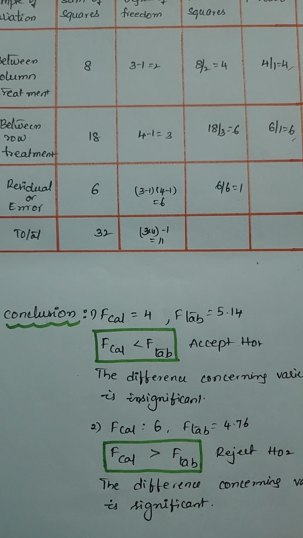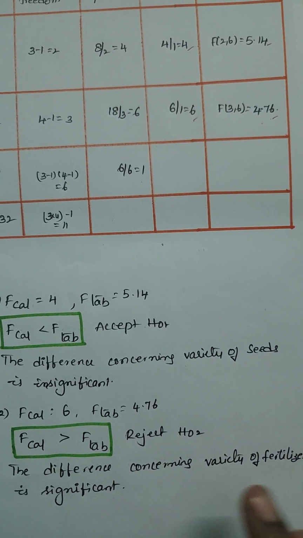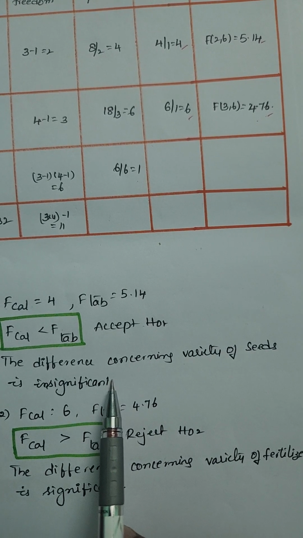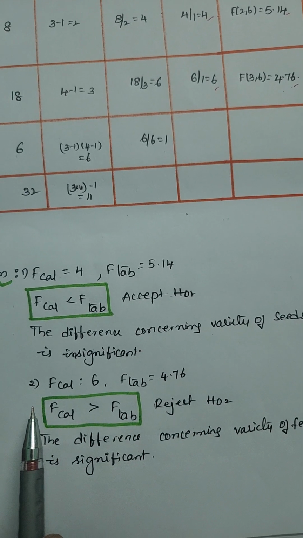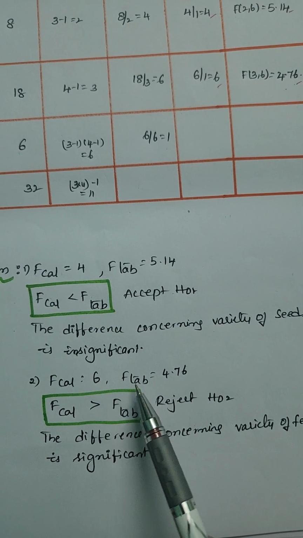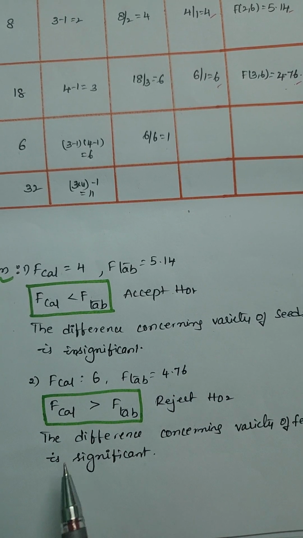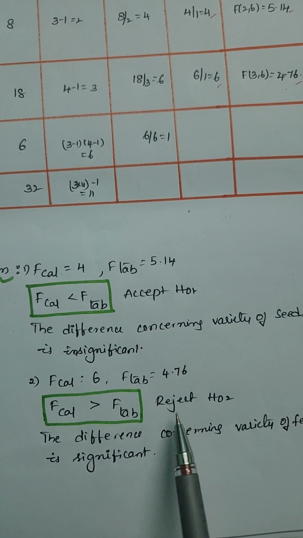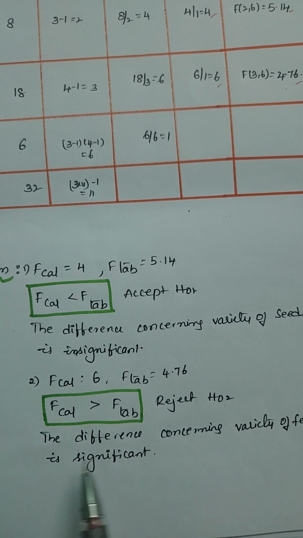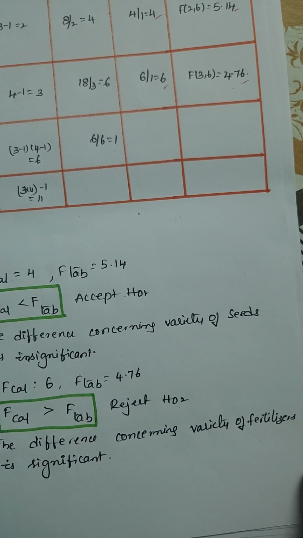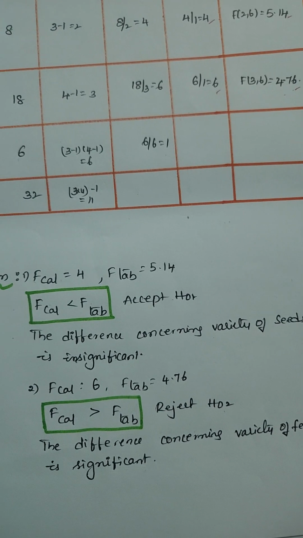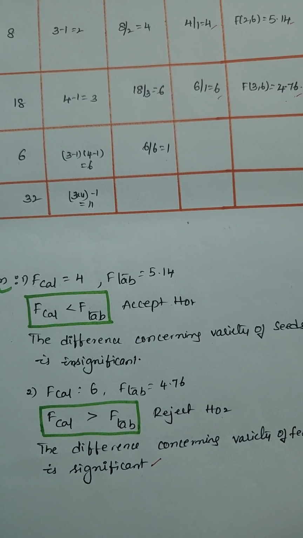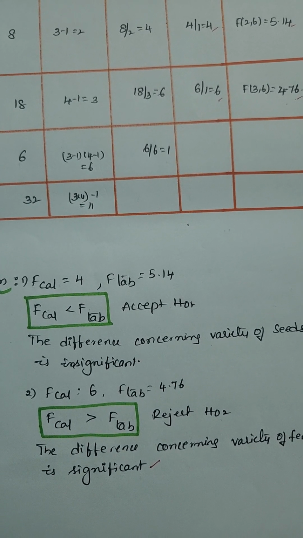That means the difference concerning the variety of seeds is not significant. In the second case, the F calculated value is 6 and the tabulated value is 4.76. The F calculated value is greater than the F tabulated value, so reject H02. That means the difference concerning the variety of fertilizers is significant, so there is a difference in the yield of the crop. This is two-way ANOVA.